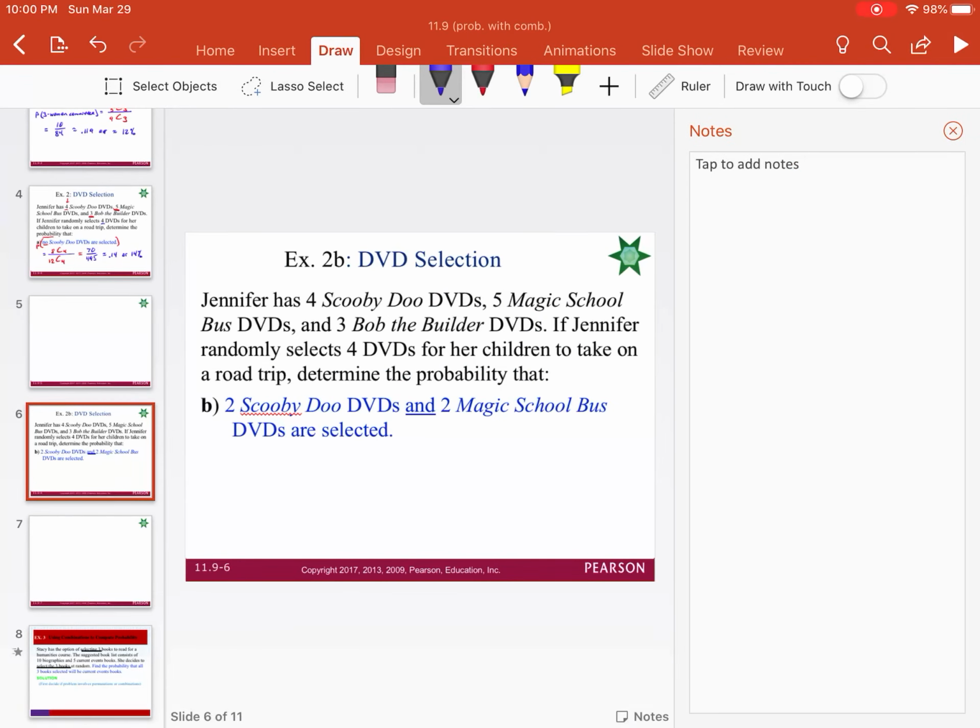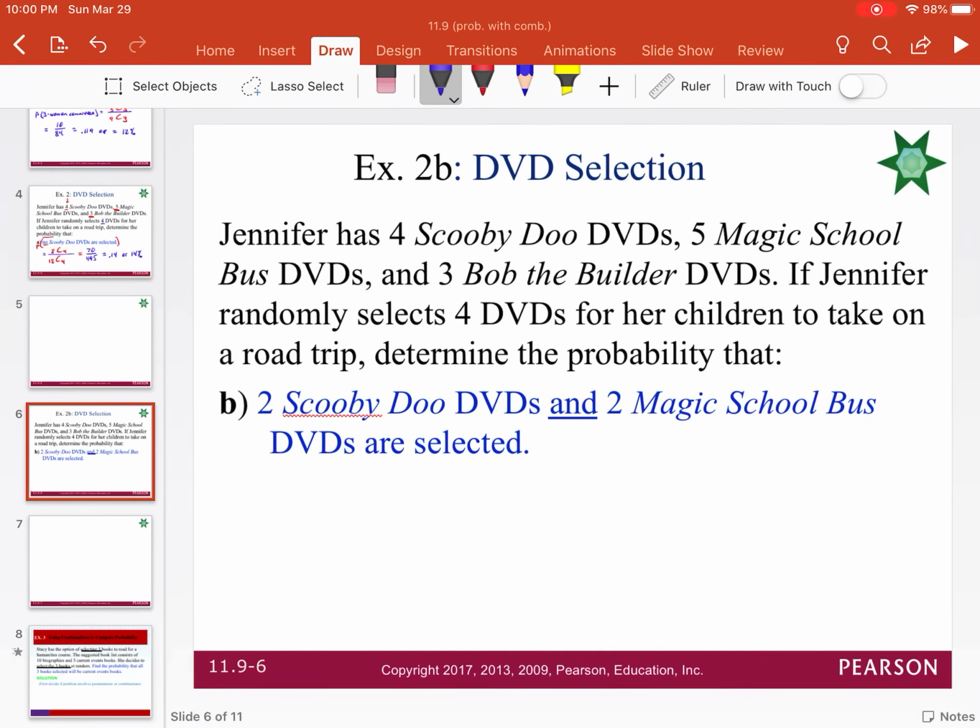Okay? So this is pretty similar. Still doing Scooby-Doo, Magic School Bus, Bob the Builder DVDs. And what do we got this time? Jennifer randomly selects 4, so nothing's changed.